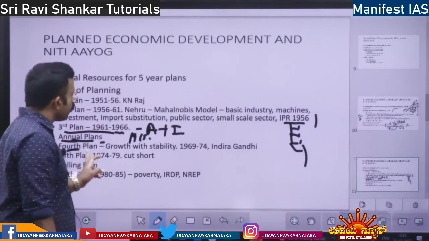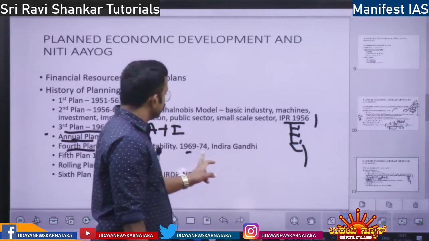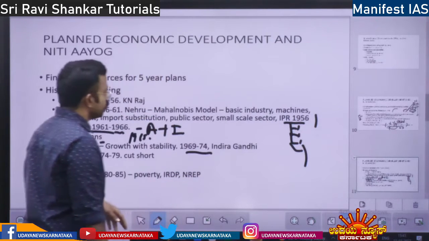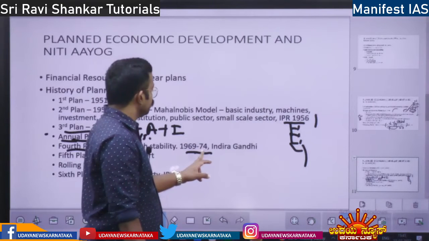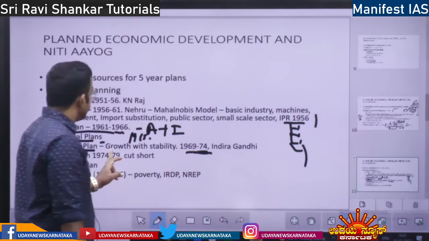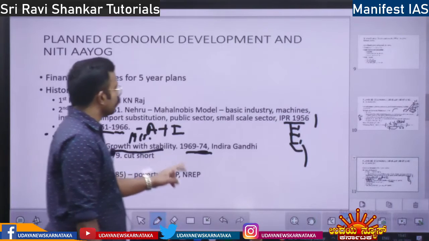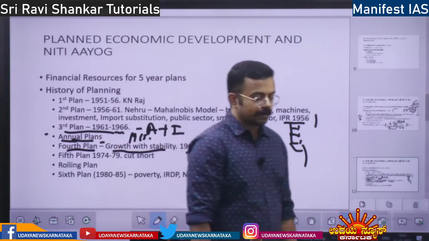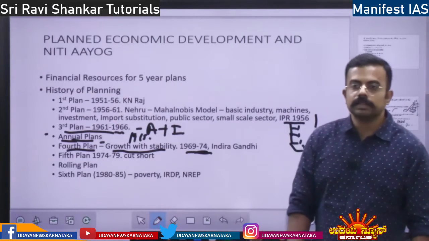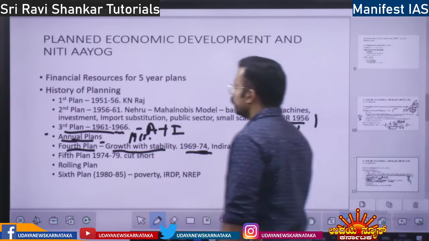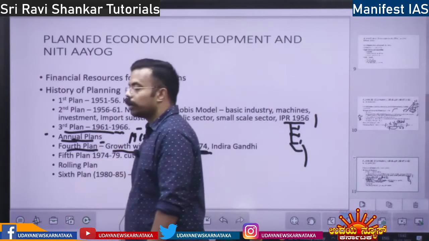So next, the fourth plan starts in 1969 to 1974. The aim of this plan is growth with stability. Growth with stability is the aim of the fourth plan.